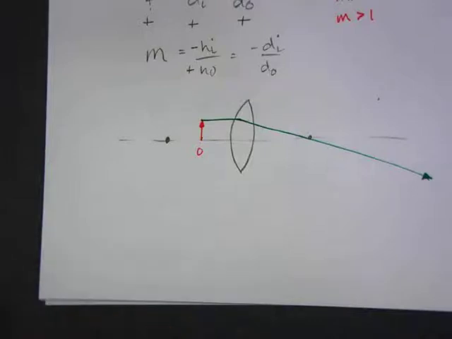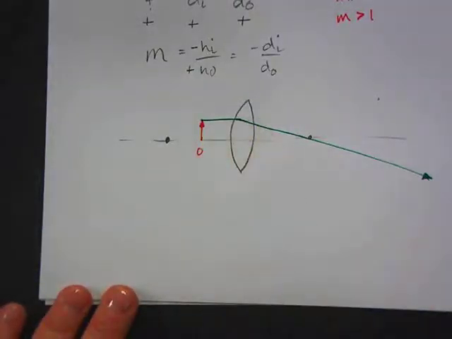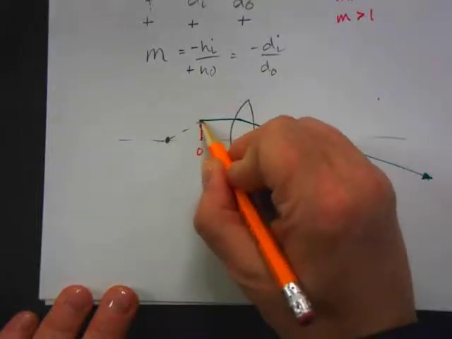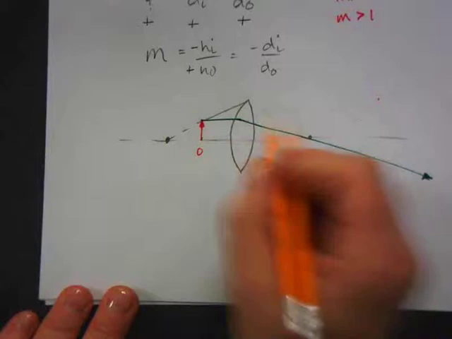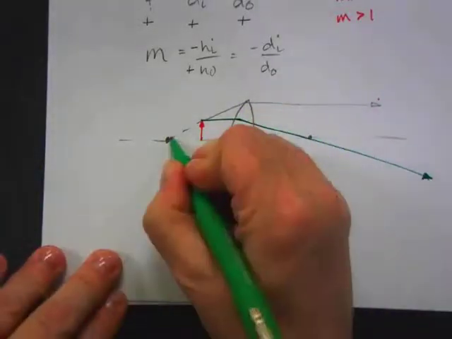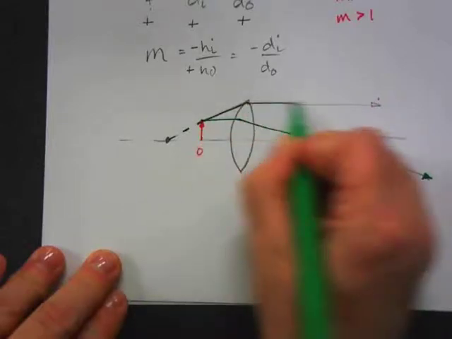That's a converging light ray, so that's all good. And then the other one, this is tricky to draw. This one was parallel through the focal point. Now we need to go through the focal point and exit parallel. I'm just going to make the right choice for you so that you don't see the wrong one. I'm going to aim the light through this back focal point, like that, and have it exit parallel.